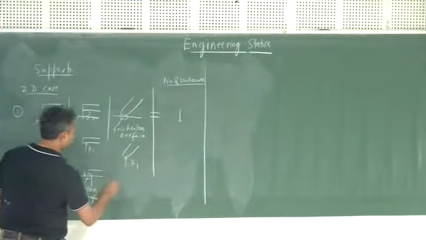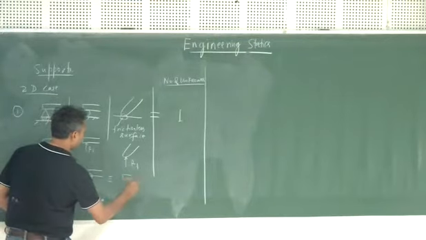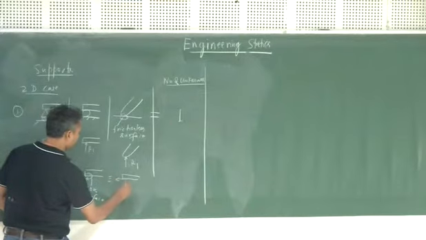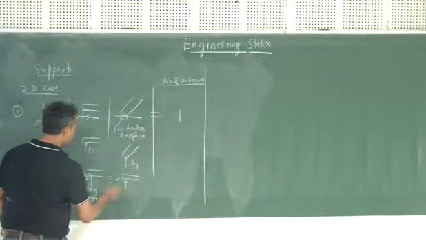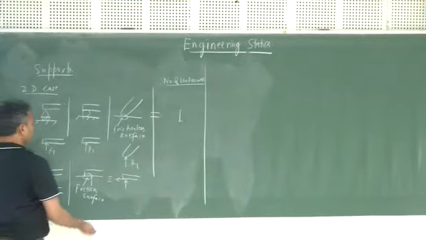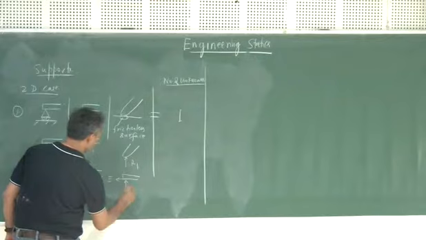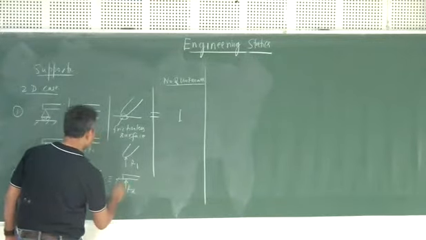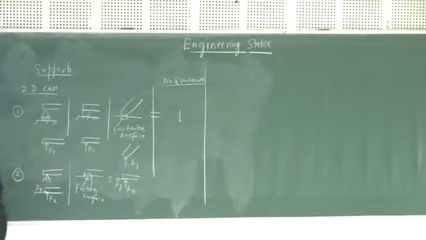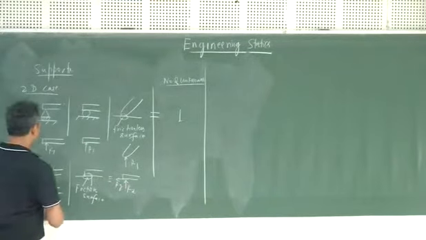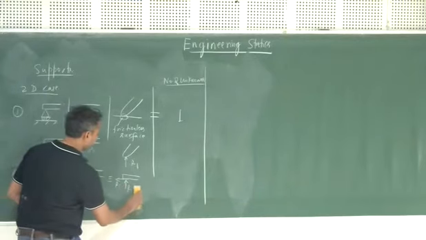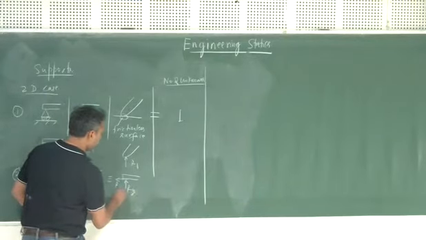If you draw the FBD of this particular body, you will have Rx and Ry.